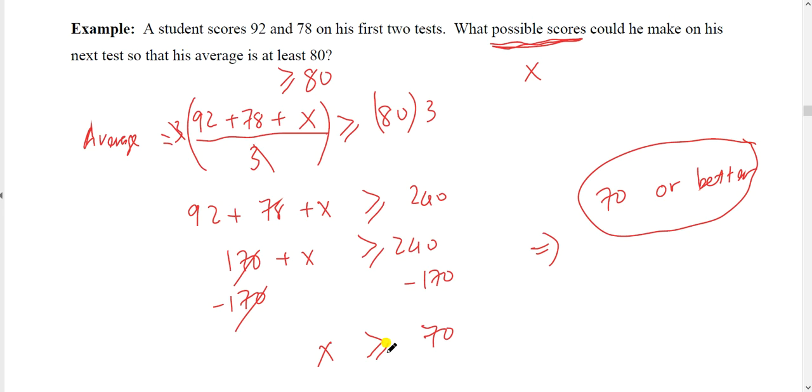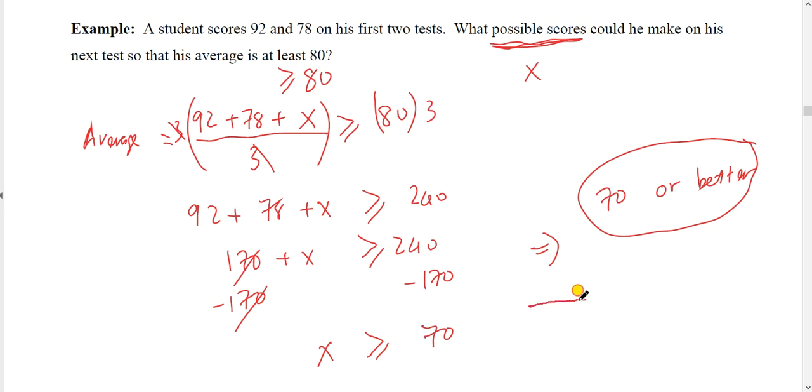But now we get something bigger than or equal to 70. So I can say 70 is a correct answer. 71 is also a good answer because 71 is bigger than 70. Or 85.2 is also a solution because 85.2 is bigger than or equal to 70. So as long as something is bigger than or equal to 70, then it is a solution for the problem you're looking for.